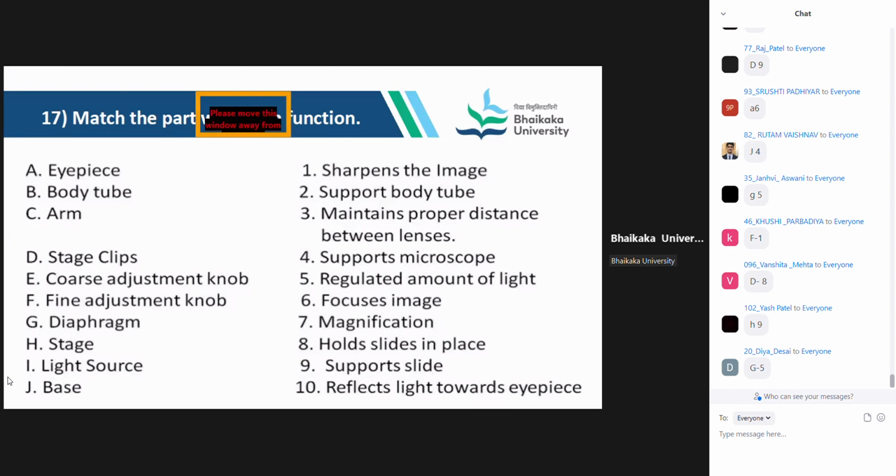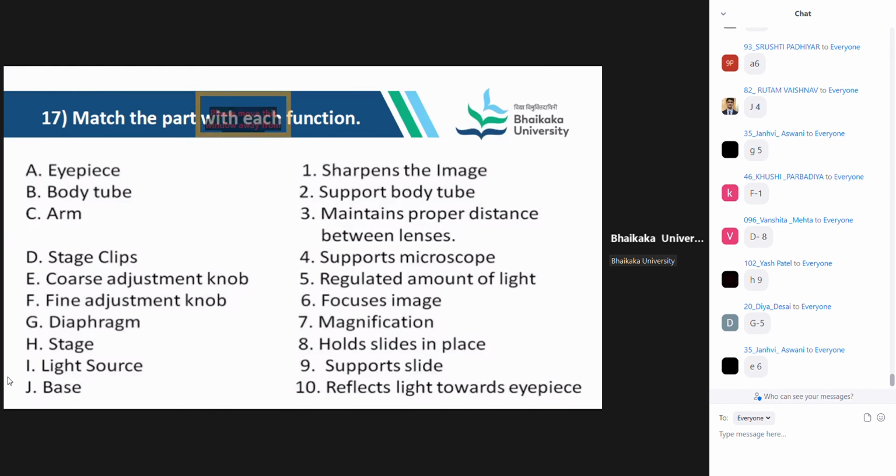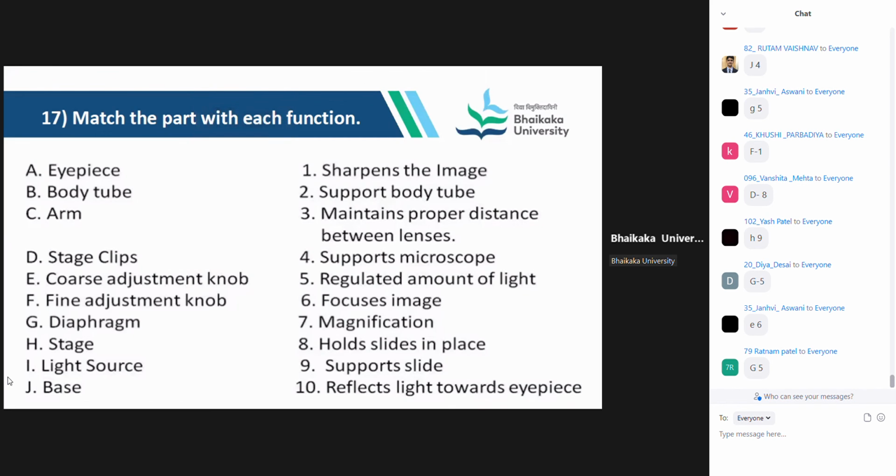The stage is to support the slides, yes. The diaphragm regulates the amount of light. E, the coarse adjustment knob, will focus the image. Yes.